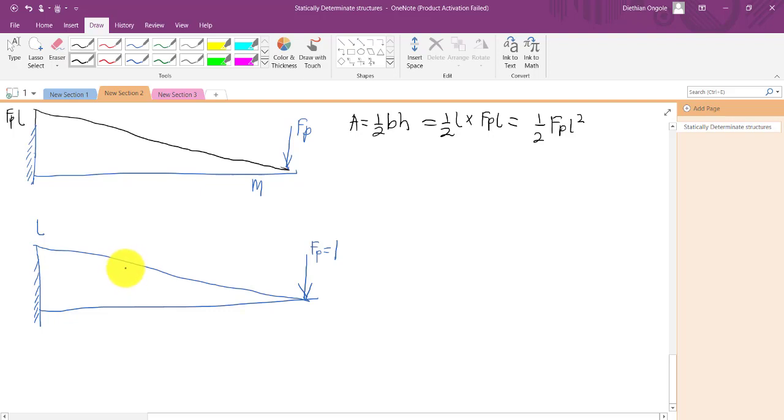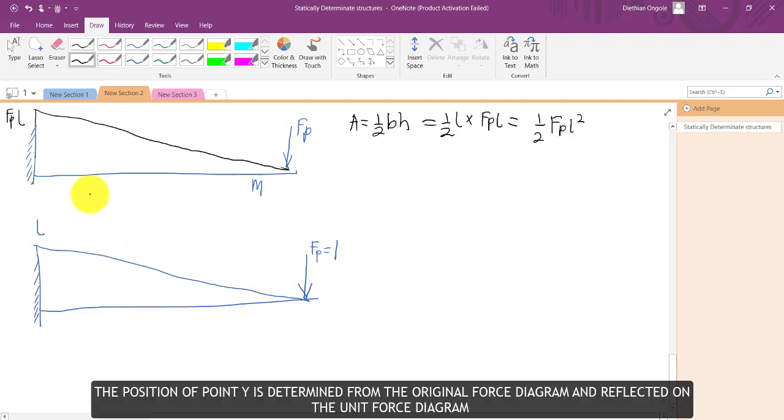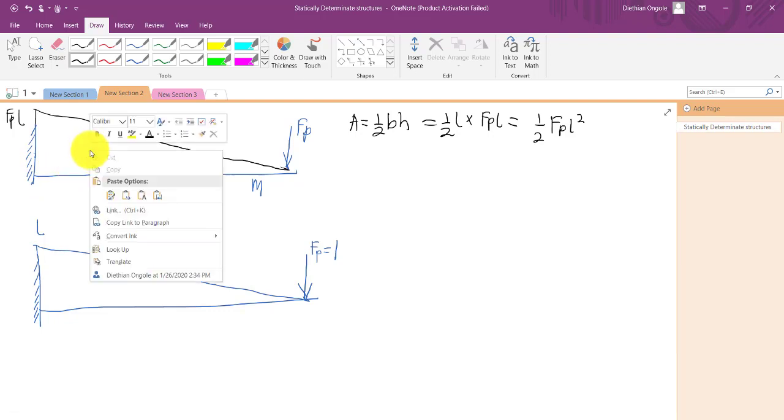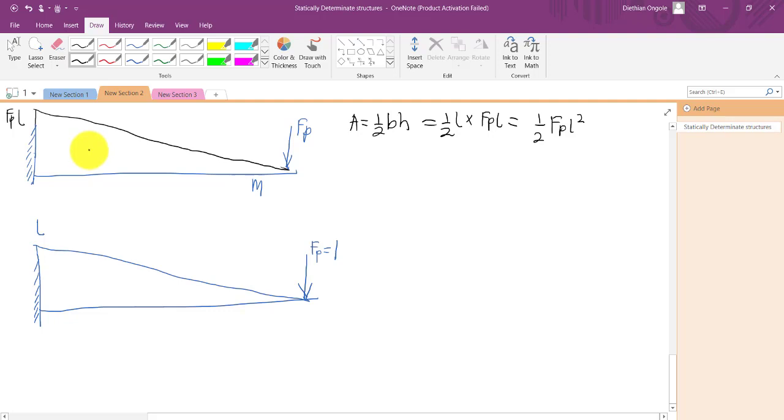Then the Y is calculated from the bending moment diagram of the action of the unit force. To find the Y, we determine the position of the center of gravity of the shape. For a triangle, it will be at a distance of a third L from this very point here where we have the right angle. So that would be somewhere here. This is the center of gravity of this shape.